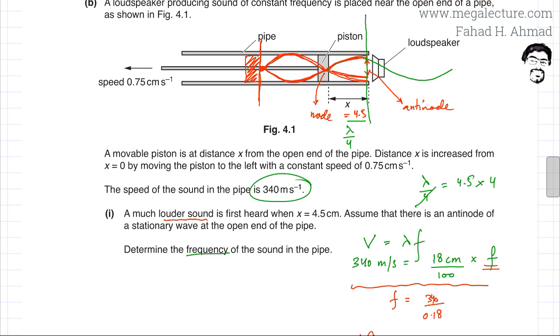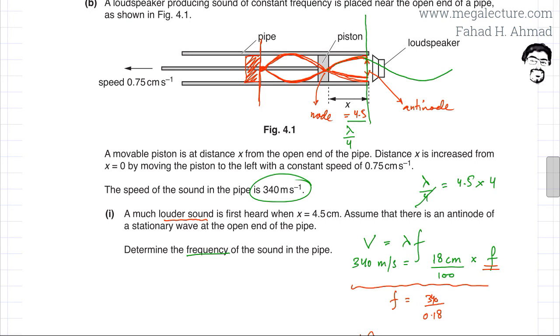So when the piston slowly moves backwards, this is the point where the second louder sound is going to be produced. A stationary wave would be set up again, and you'll experience a louder sound at the loudspeaker. So to produce a second louder sound, this is the extra distance the wave must travel.